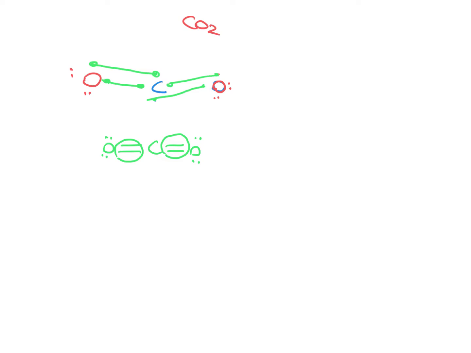And a double bond, as you see, has 4 electrons shared between 2 atoms. If we have a triple bond, each dash has 2 electrons, so it would be 6 electrons being shared between the atoms. And these, we call non-bonding electrons. These are valence electrons that don't participate in bonding.